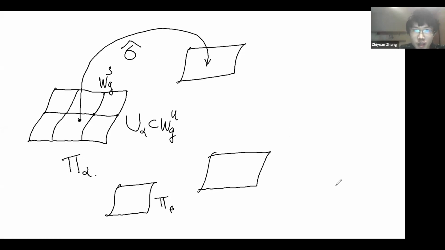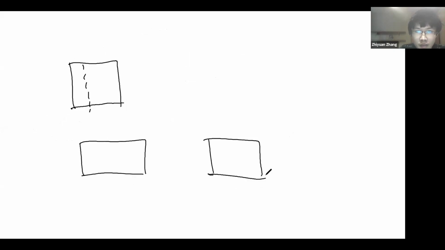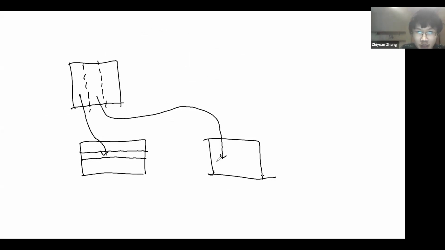Then the picture will look like this: from one piece, you map this vertical rectangle to a horizontal rectangle, maybe here.